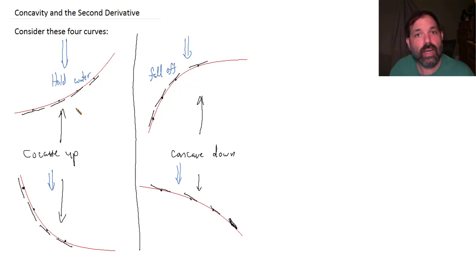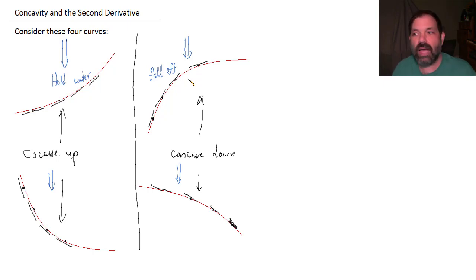That means the rate of change of the first derivative is positive. Well, the rate of change of the first derivative, that's the second derivative. I said for this curve that this function is increasing at a decreasing rate. So that means that the derivative of the first derivative is negative. The second derivative is negative.